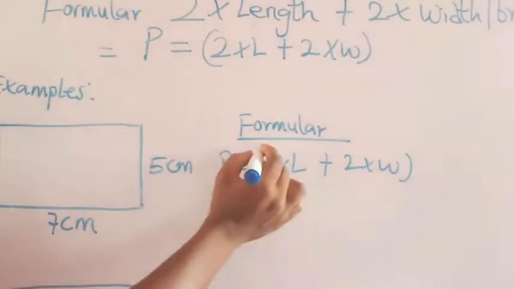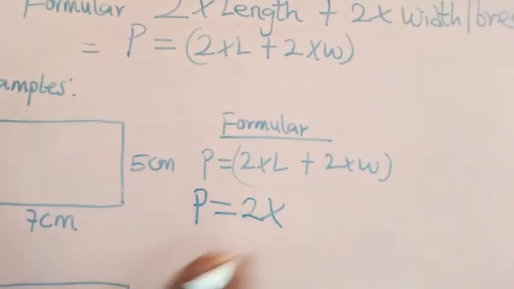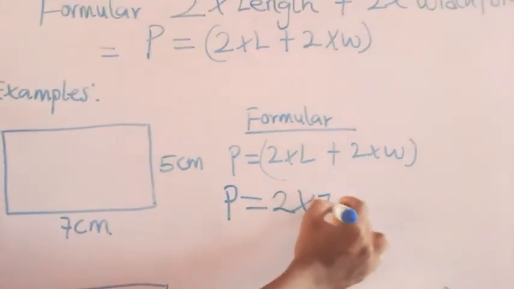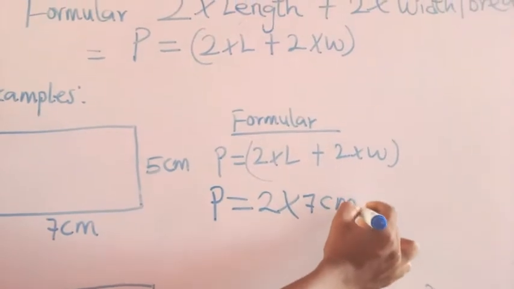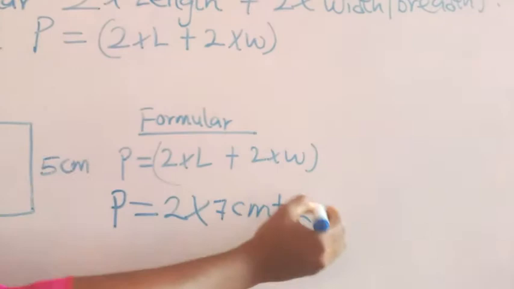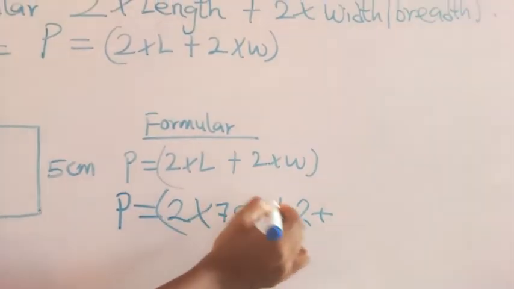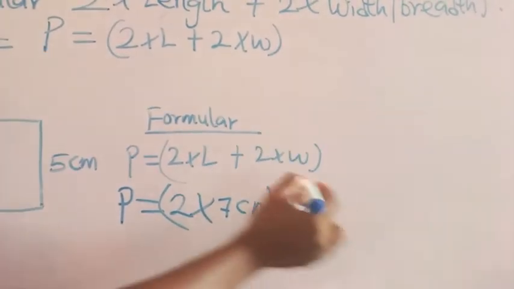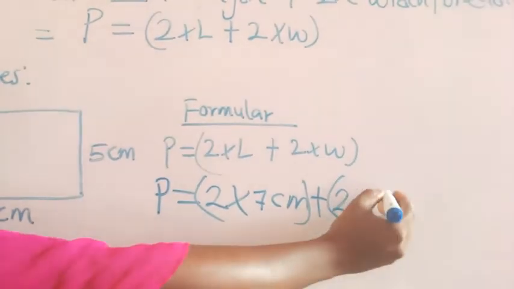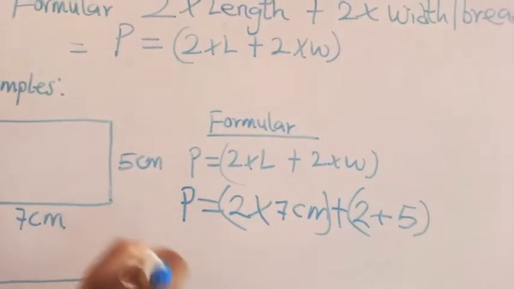We put our multiplication sign, multiply by the length, which is 7 cm, plus 2 times width, which is 5 cm.